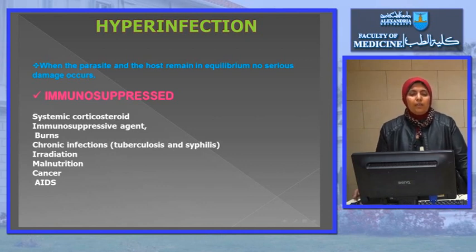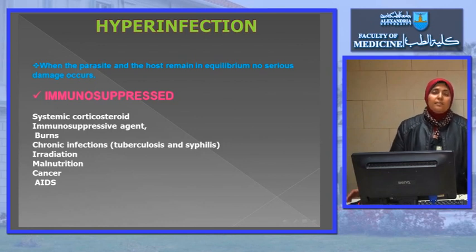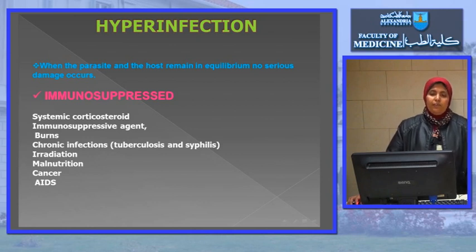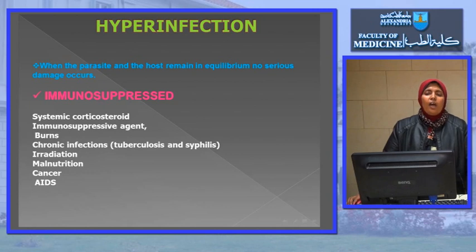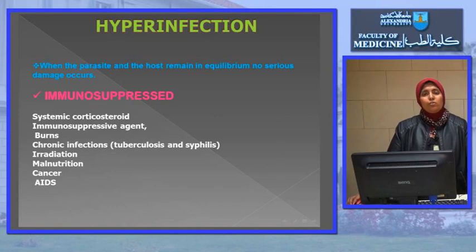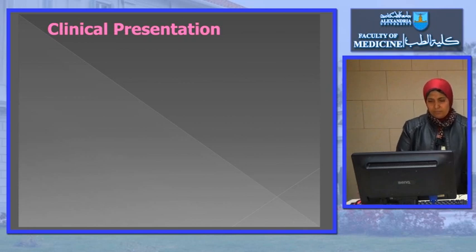For example, they are under corticosteroid therapy, they are taking immunosuppressive agents, or they are passing through some conditions like chronic infections, burns, irradiations, malnutrition, cancers, or even AIDS. In such cases, the immunity of this patient doesn't allow the body to control the infection. So the infection will be in a severe, persistent, prolonged state, and this is hyperinfection, a severe, persistent, prolonged type of autoinfection which happens in immunosuppressed patients.